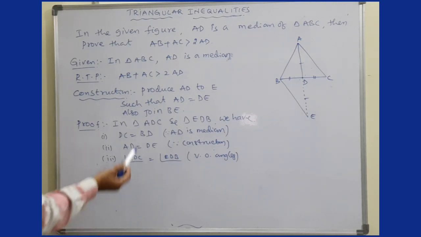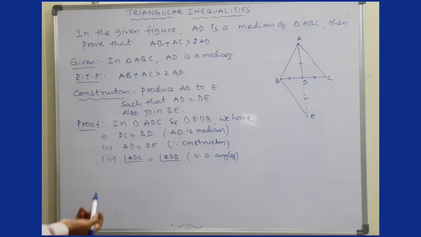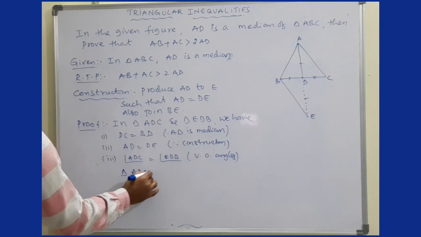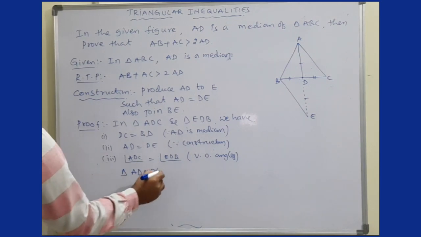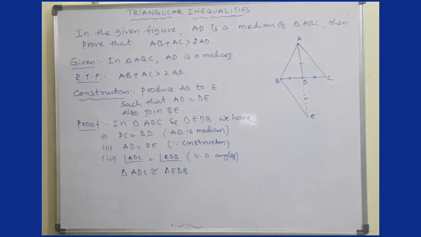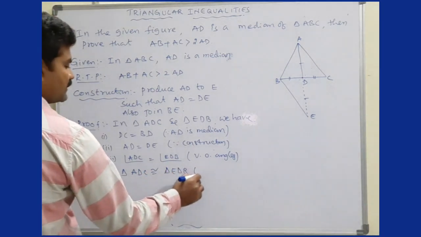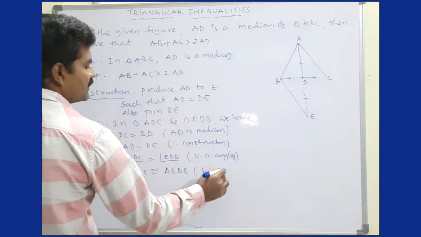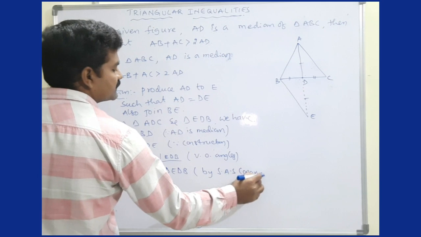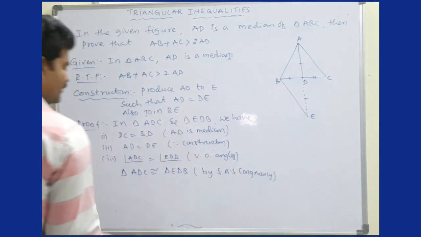So side, angle, side. By SAS congruency, I can say that triangle ADC is congruent to triangle EDB, isn't it? Why? By SAS congruency. Right, children?